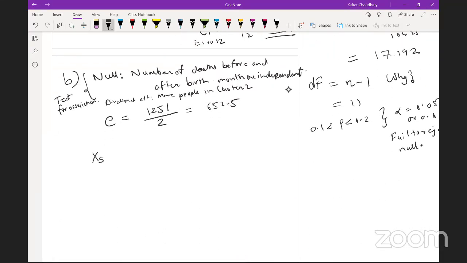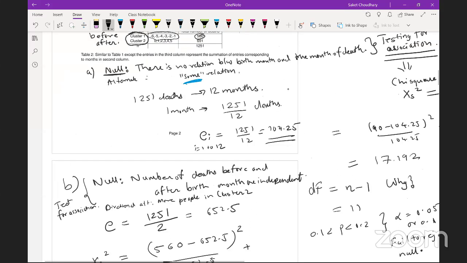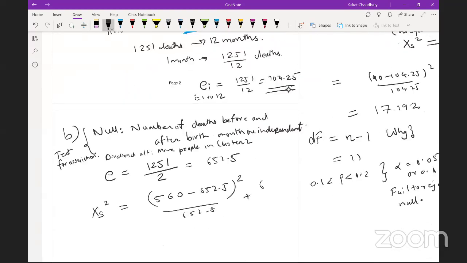The chi-square calculation remains similar, but it's very simplified now. We are going to essentially just work with two values now, and similarly for the other, which is 691.